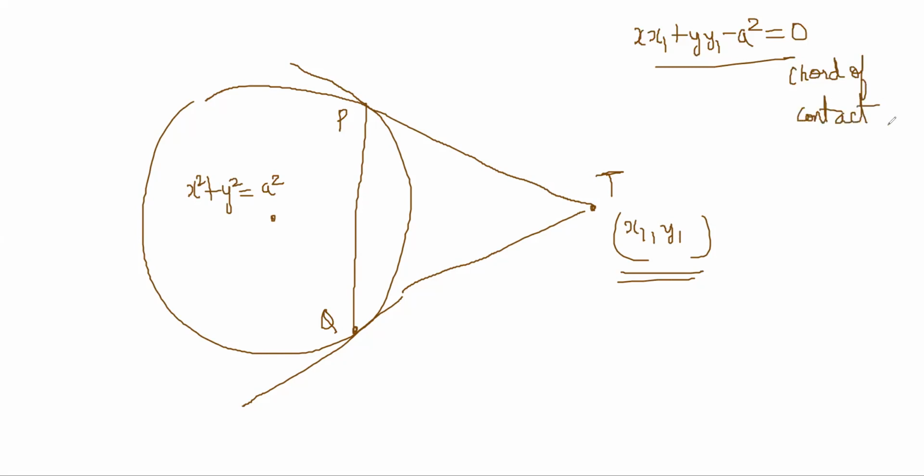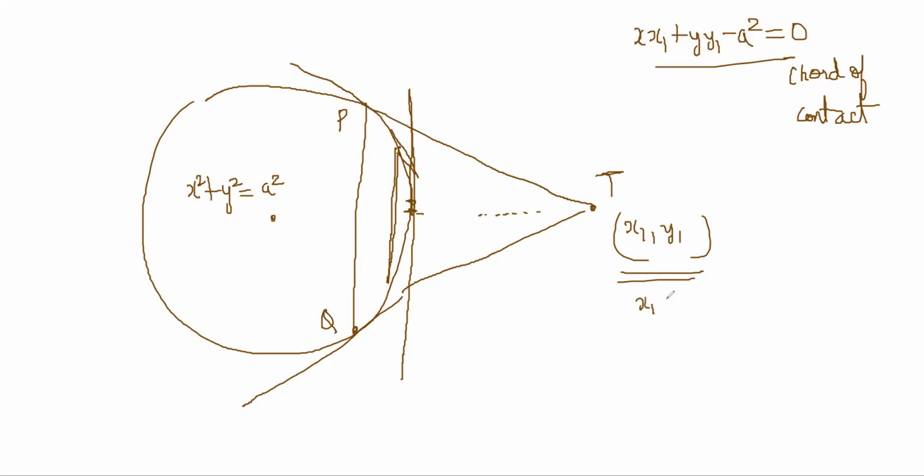Now, does it make sense? If you bring the point closer, the tangents become more and more curved like this, and the chord of contact becomes smaller and smaller. When it comes really close, it starts looking like the tangent line, because you're joining two points really close together.